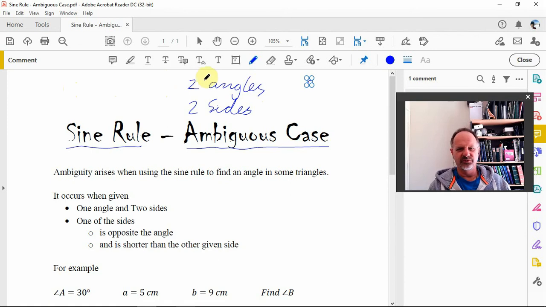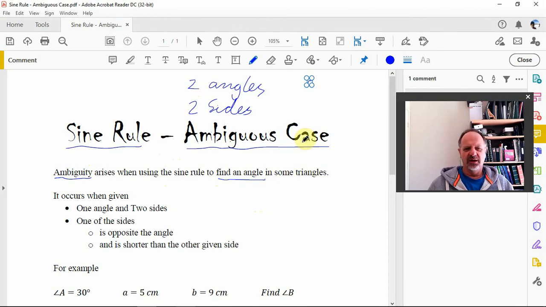So if we've got two of them, we can find the third one very easily, and so it's not an issue. The ambiguity or uncertainty in what the triangle might look like arises in a certain situation, when we use it to find an angle, but not in all triangles, only in some of them.